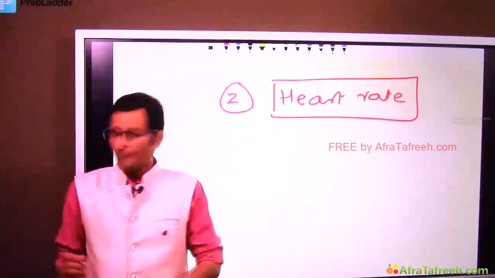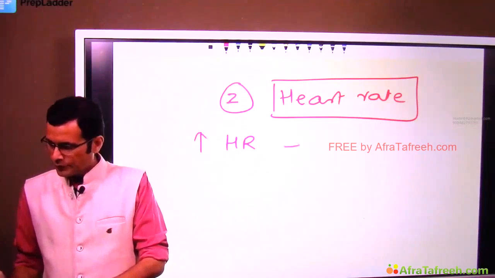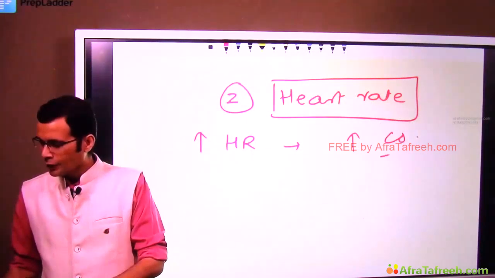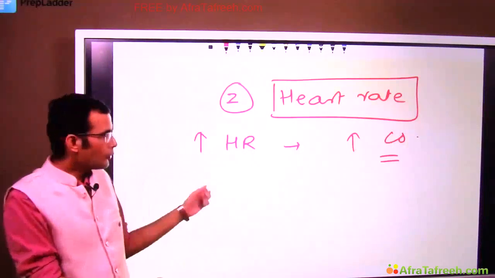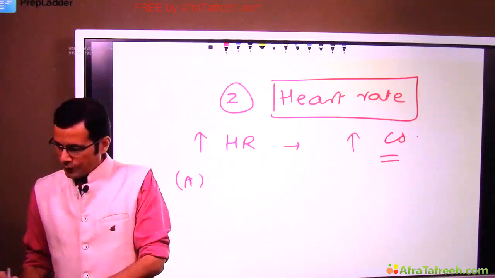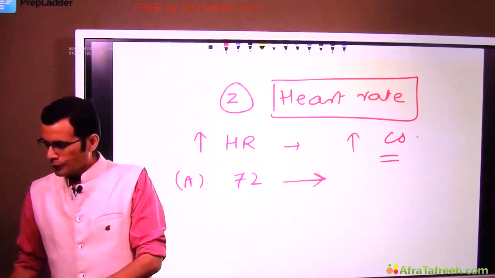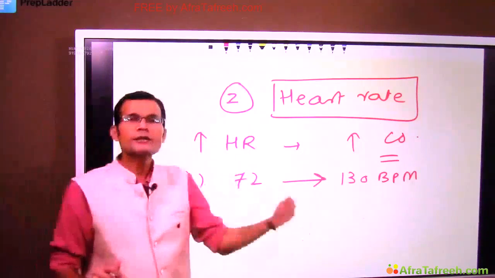Look, heart rate increase also increases the cardiac output by certain mechanisms, which I'm going to explain now. First, from 72 to 130 beats per minute. Let's say this is the first step.